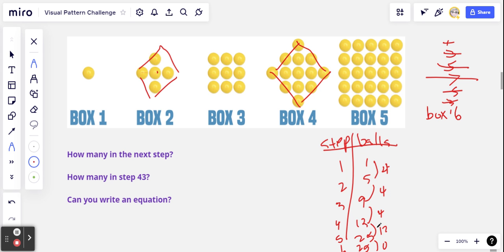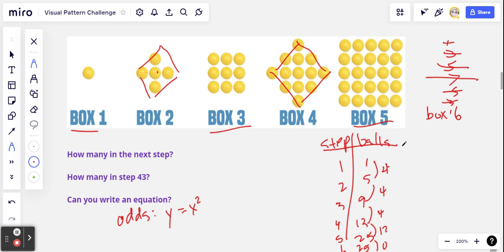Once I look at the numbers and see how wacky they are, what this tells me is that we may actually have more than one pattern going on. And the odd number boxes, those are pretty easy to predict. So 1 is 1, 3 is 9, 5 is 25. Those are just the squares. So for the odds, and I'm going to make an equation just for the odds, I think our equation is y equals x squared.